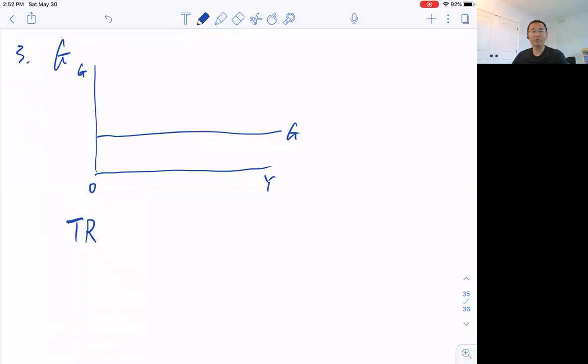Transfer payments is just taking money from one group in the economy and giving it to another group. So taking money from me right now and giving it to people who have lost their jobs, who are unemployed. In this process, there's no production involved. The government simply takes money from the working class and gives it to the people who need help. So no production involved, thus we don't count it as part of GDP. That's why it's not part of G, even though it's a government action manipulating money.